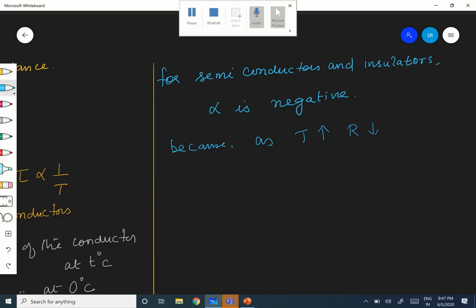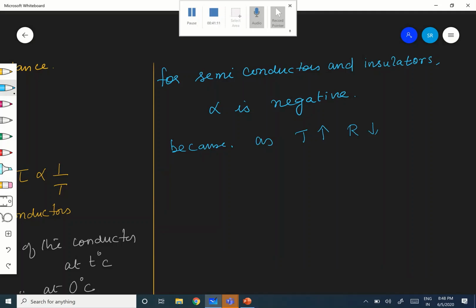Unlike a conductor. For a conductor, resistance increases with the temperature, because as you increase the temperature, the number of collisions will increase. In a conductor, resistance is because of collision of electrons with the ions.